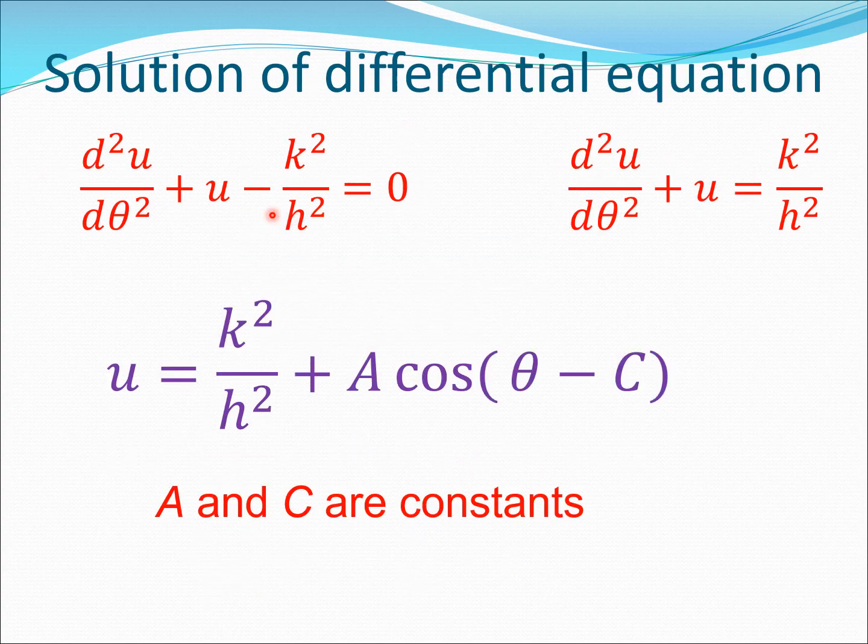So we take the constant k square by h square to the right hand side, and we can solve this equation easily and get it in this form, where u is k square by h square plus a cos theta minus c. Of course, this is an equation of the second order, and therefore it requires two constants. One constant is a and the other constant is c. So that is the solution of this equation.